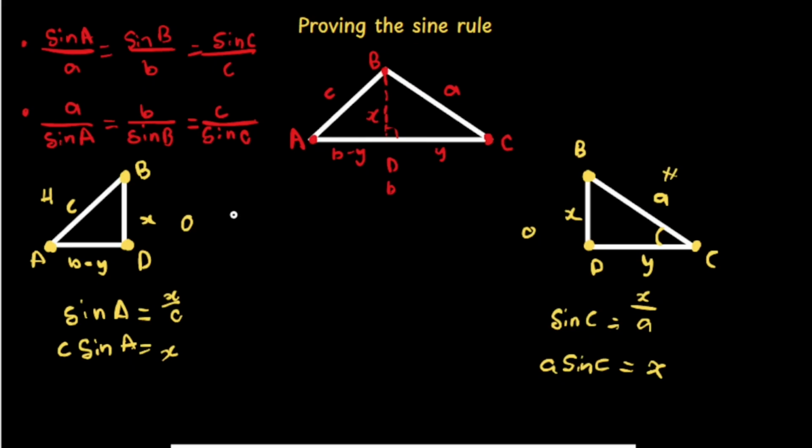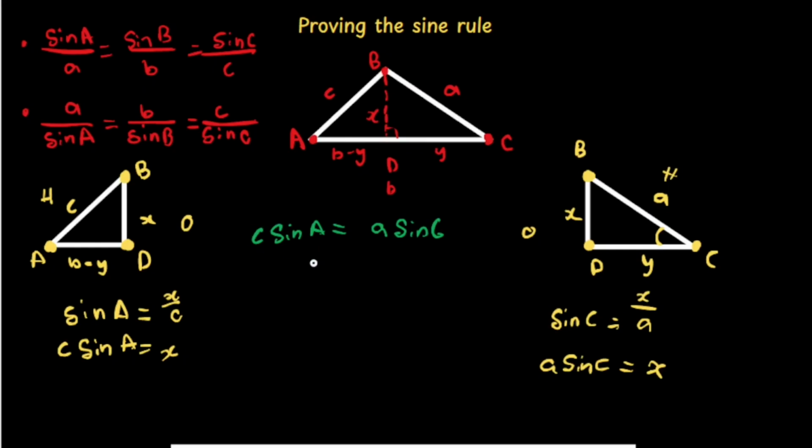Let me go ahead and write that down for you guys. C sine A is equal to A sine C. Now, in order for me to get this equation over here to look something like this, I'm just going to use some basic mathematical transposition.